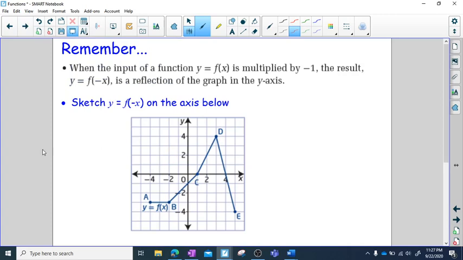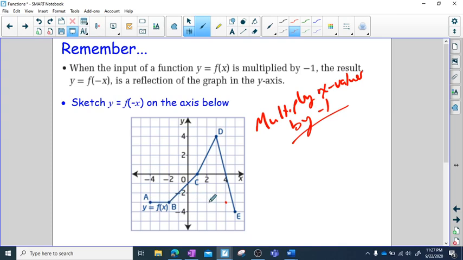All right, let's look at the situation where we now multiply the inputs by a negative, f of negative x. When you see this notation, it's implying that you should multiply every x value by a negative 1. If x is negative 4, x would now become positive 4.